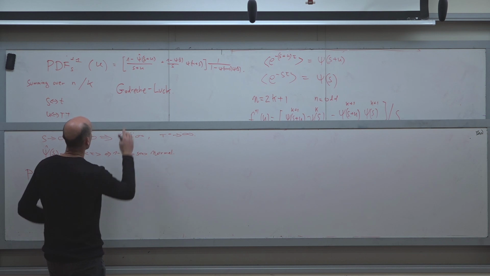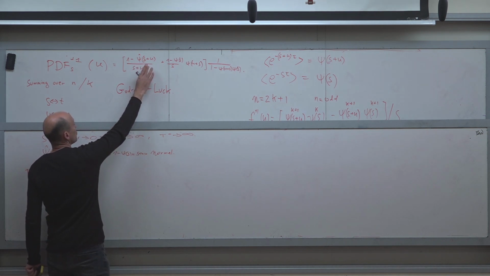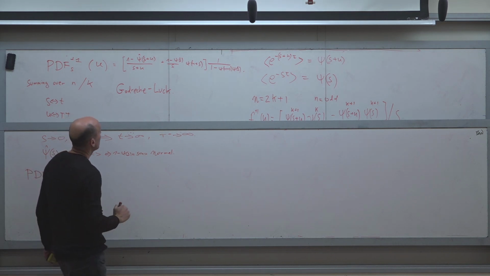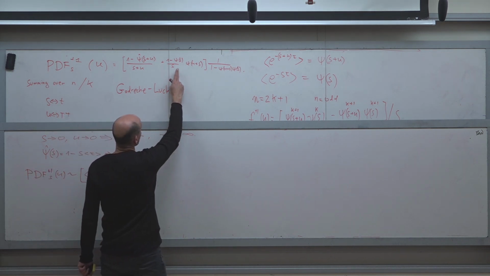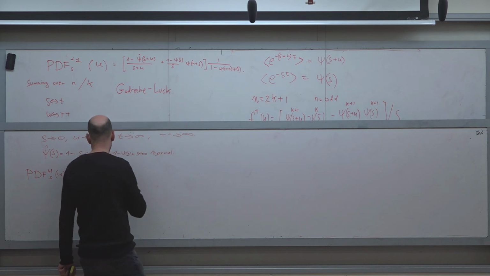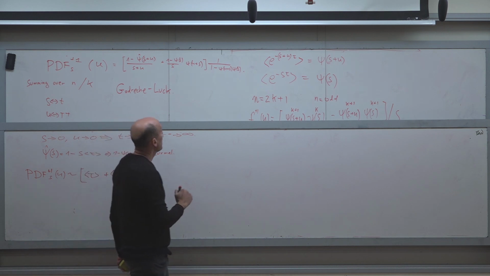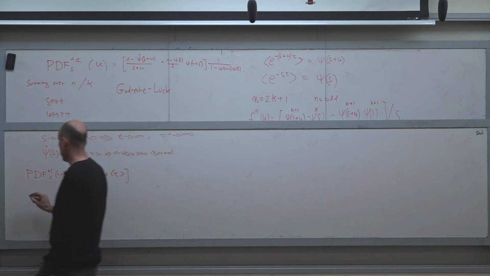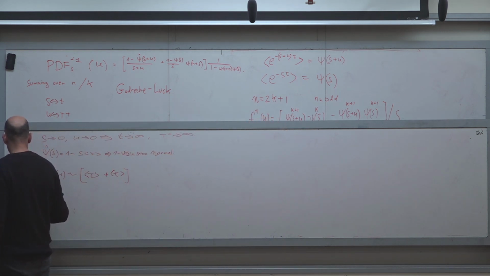So here I have s plus u, which is small, times tau. So here I have average tau. Here I have, again, average tau, and this is 1. Here I have psi of u plus s times psi of s.